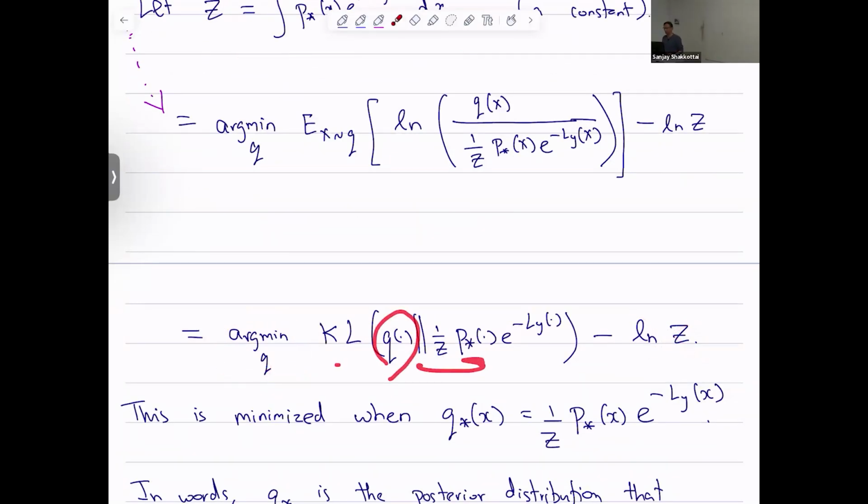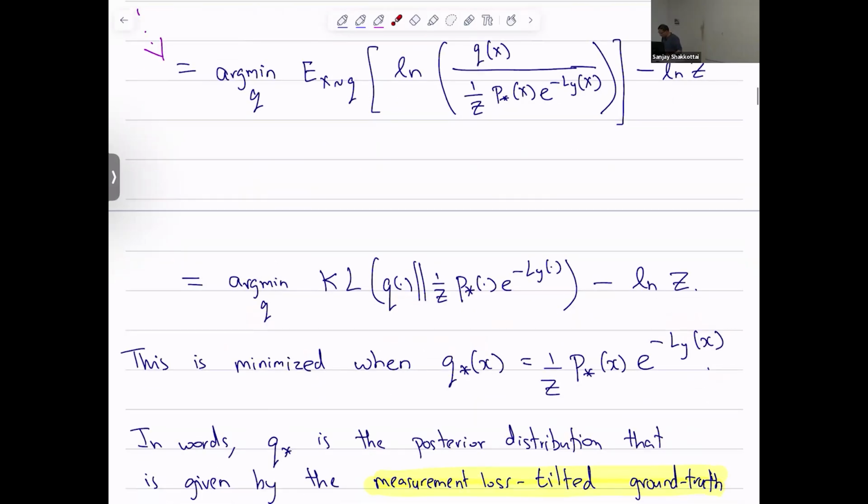That's what gives you the zero loss, which means Q star is P star e to the minus L by Z. So essentially, this is what we mean: solving inverse problems when you're regularized by a generator model is equivalent to sampling from a tilted distribution. You might have heard this statement thrown around sometimes. Now, this is exactly the proof of that.